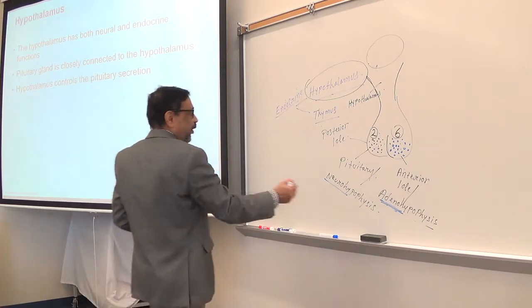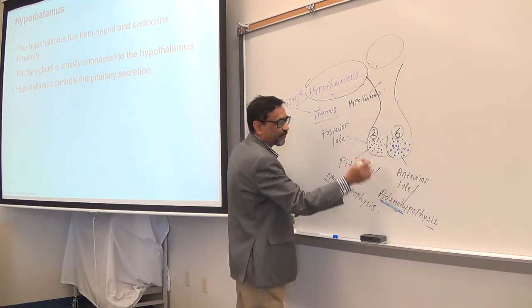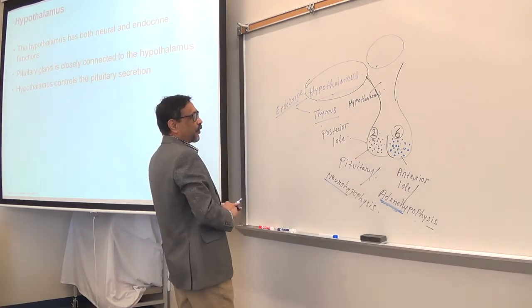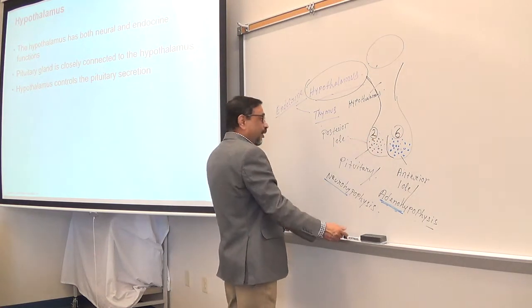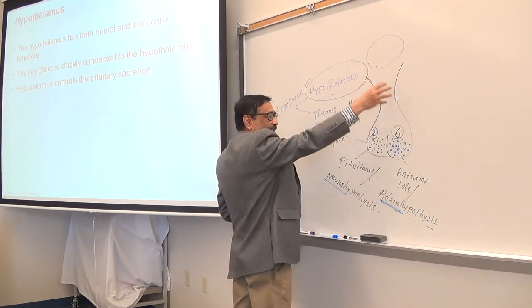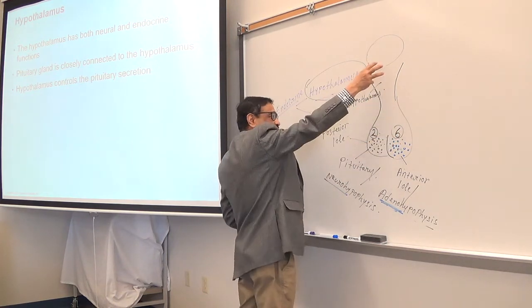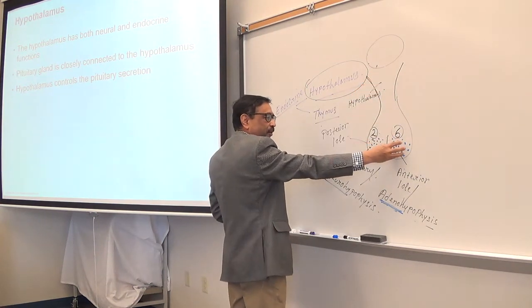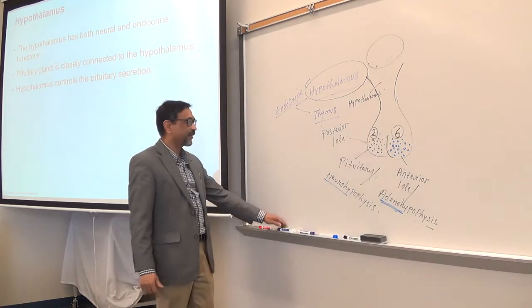And these hormones control the secretion of other glands. Okay, so that's the pituitary gland. Now, I told you hypothalamus controls the pituitary, right? It's the boss of the boss. So, how does hypothalamus control the anterior and posterior pituitary? You need to know that. Okay?